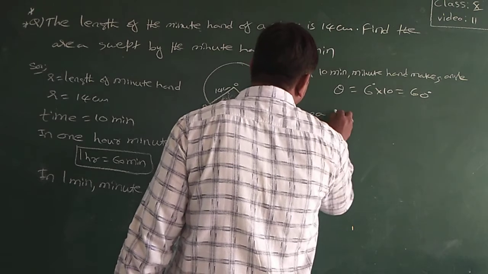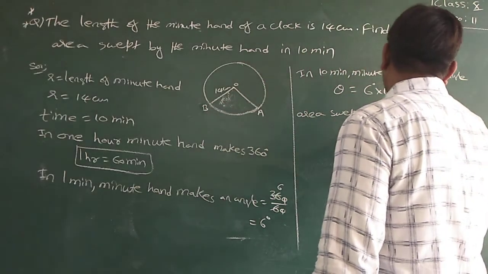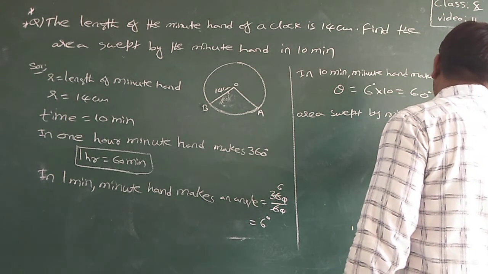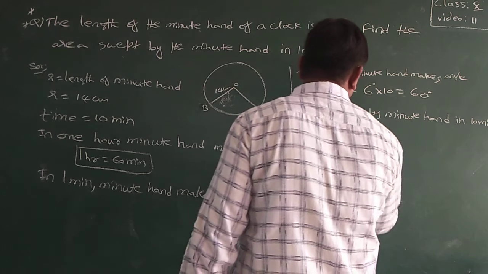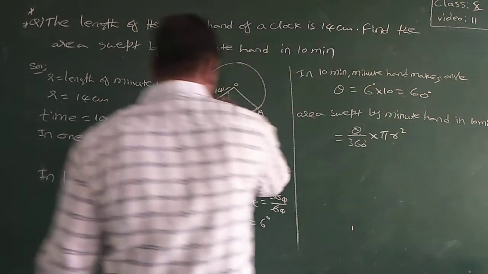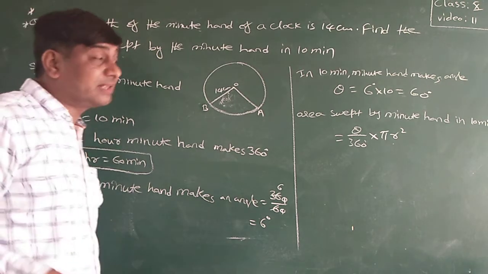Now the area swept by the minute hand in 10 minutes is equal to theta by 360 degrees into pi r square. Here area means this sector area, distance means the length of the arc.